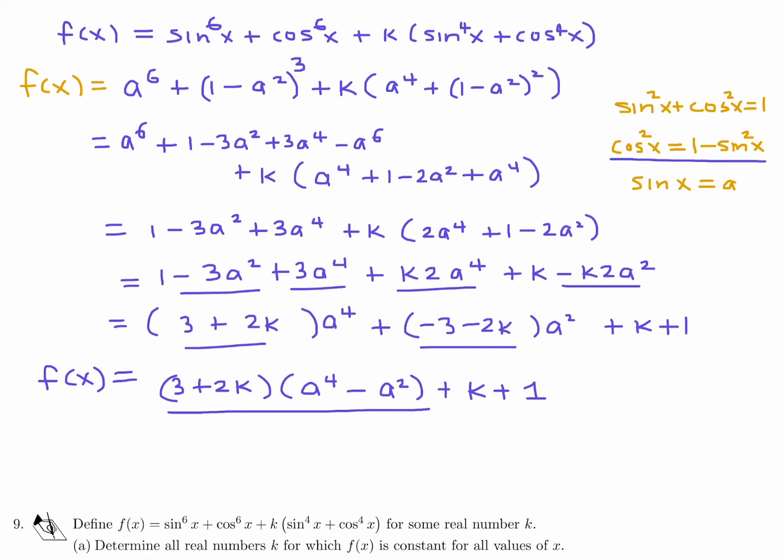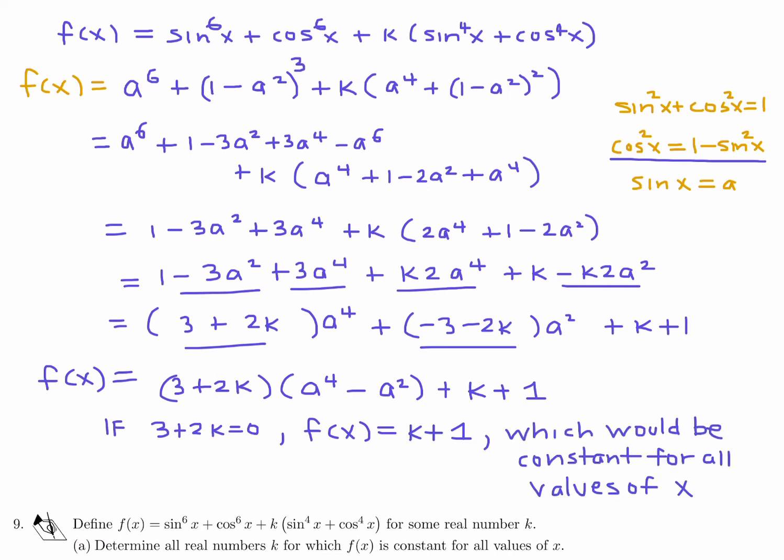Well, it can be equal to 0 if this is equal to 0. So, if 3 plus 2k is equal to 0, we will be able to get what we require. f of x will be equal to k plus 1. And what that means is that it would be constant for all values of x.